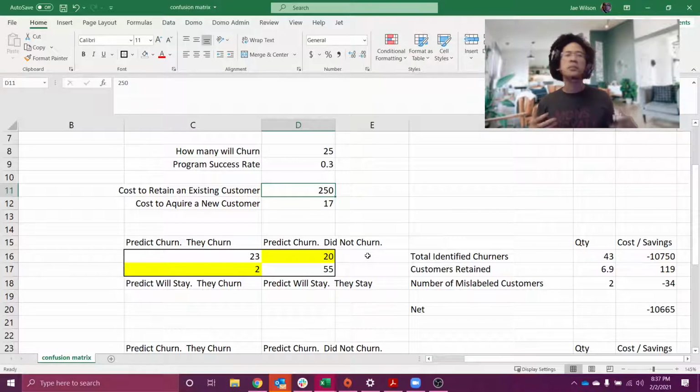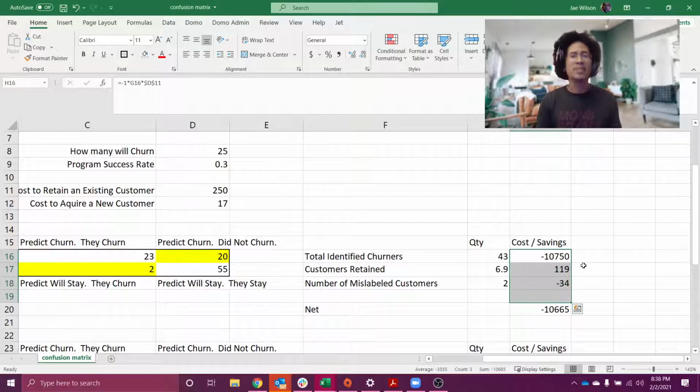Now, what if you have a book of customers that have been with you for 4, 5, 6 years? They've become accustomed to being treated with kid gloves. They've become accustomed to fancy dinners. They've become accustomed to being flown around the world to special events and whatnot. And the cost of retaining your customers goes up. Now, just by swapping these two numbers, all of a sudden, Model 1, terrible model.